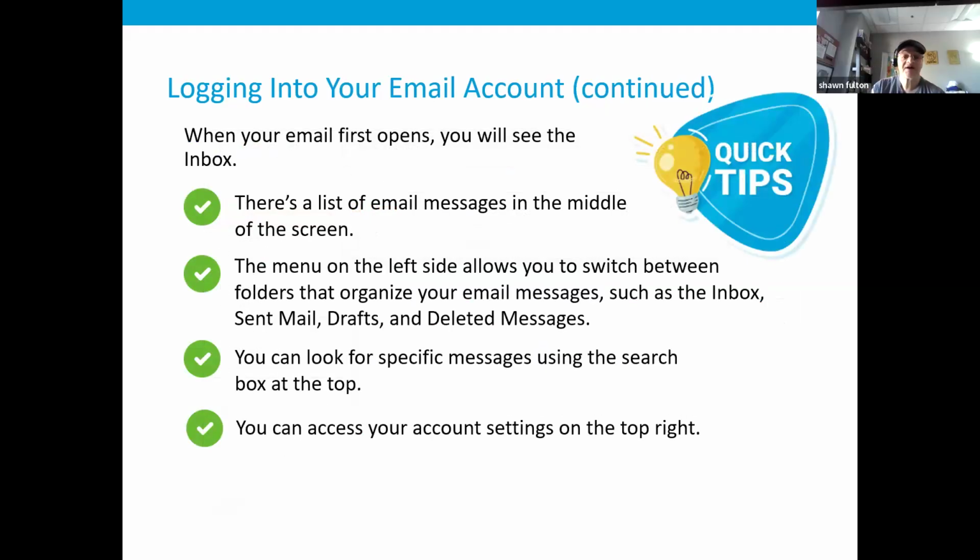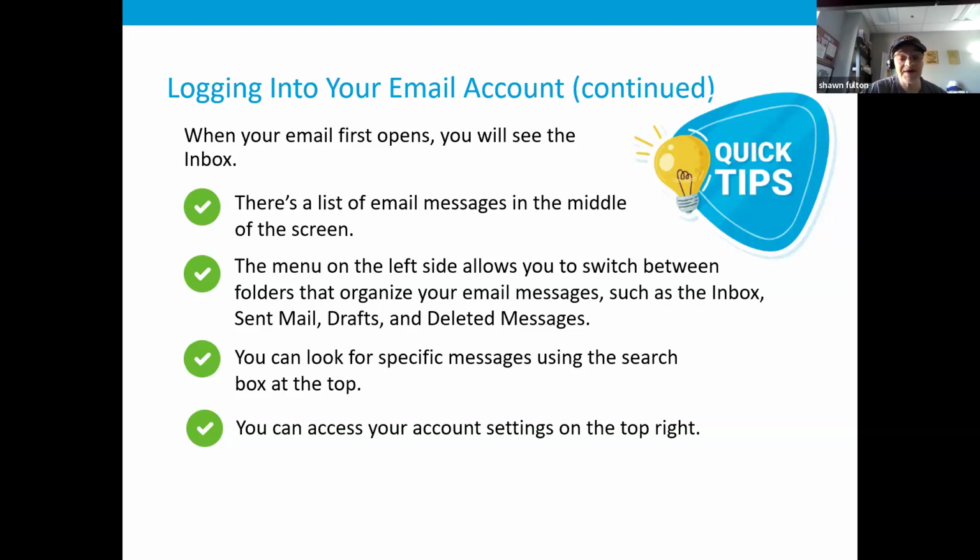Logging into your email account, tips and tricks. When your email first opens, you will see the inbox. There is a list of email messages in the middle of your screen.